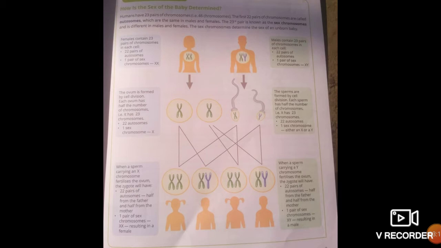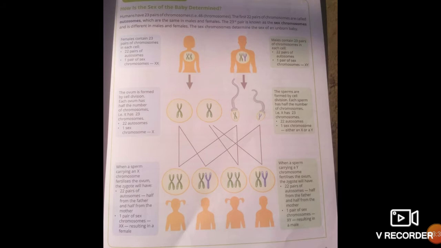When a sperm carrying a Y chromosome fertilizes the ovum, the zygote will have 22 pairs of autosomes, half from the father and half from the mother, and one pair of sex chromosomes, that is X and Y, which will result in a male.